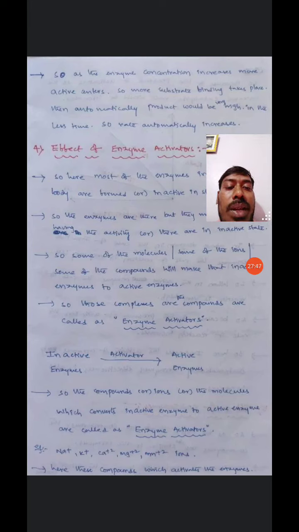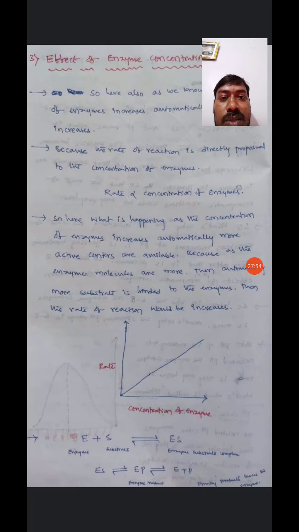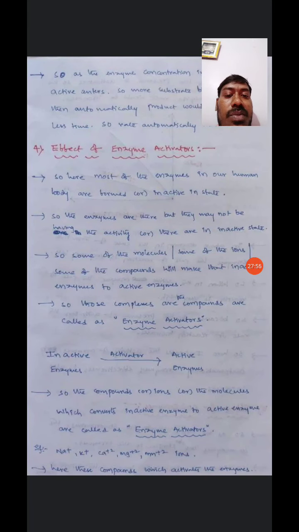So the rate automatically increases. This is the effect of enzyme concentration. Next we are discussing the effect of enzyme activators.